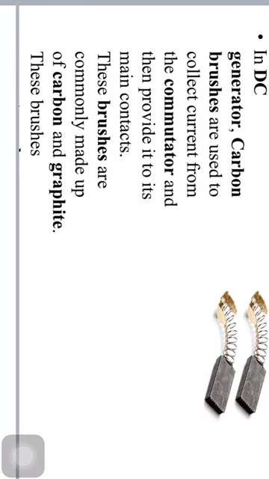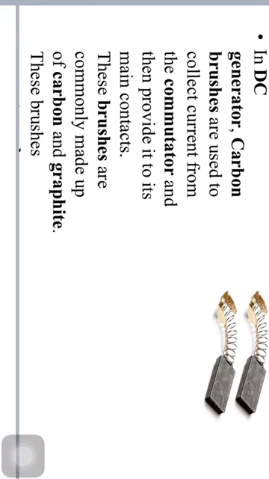In a DC generator, the carbon brushes are generally used to collect current from the commutator, and then provide it to its main contacts. These are generally made up of carbon and graphite. These are rectangular in shape. These brushes are mounted on the brush holders, and the brush holders are mounted on a spindle.